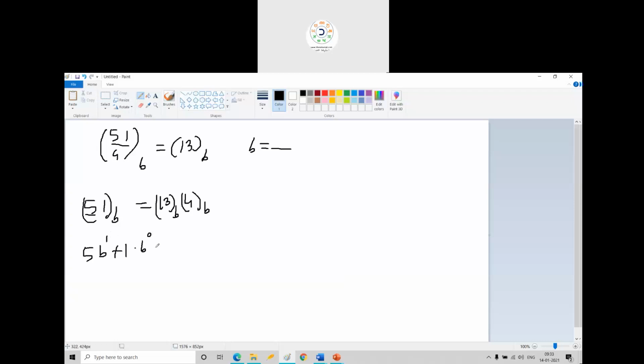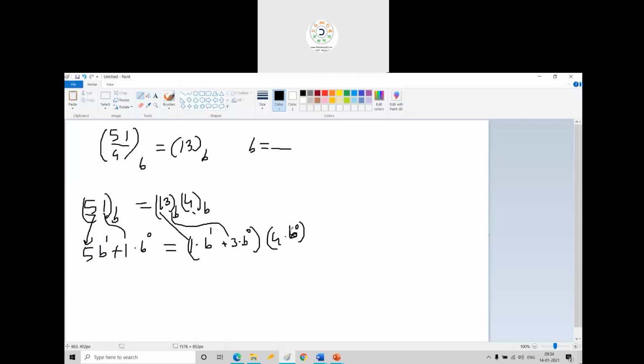That is equal to, see here, this I can write as 1 into b power 1, so this 1 is this 1, and this 5 is this 5, this 1 is this 1, and then this 3 I am going to now write here, plus 3 into b power 0. This is multiplied with this number. What is this number? Simply a single digit, so it is 4 into b power 0.